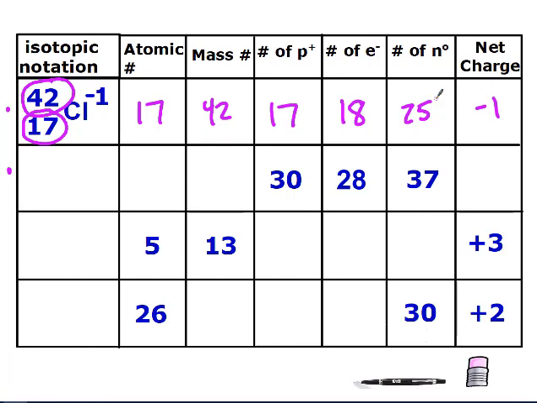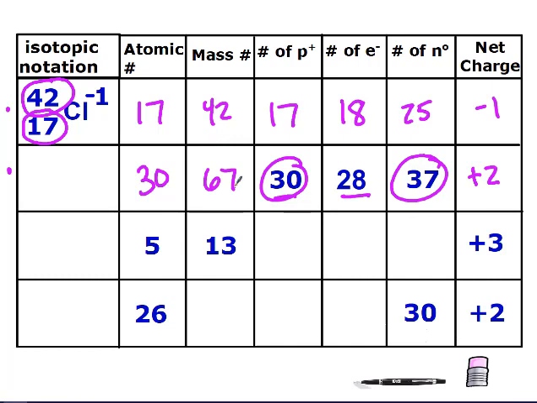For the second row, we look at our protons and we look at our electrons. I have more protons than electrons, so I know the charge has to be positive. How many more protons than electrons do I have? 2, therefore it's a +2 charge. I know my protons is always my atomic number, and to get mass number, it's protons plus neutrons, which gives me a mass of 67.